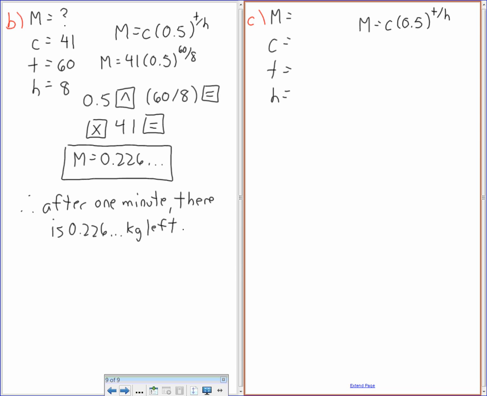Can you give me one piece of information, please, that I know for this part C? So the kilograms, 14. Okay, so which one's kilograms going to be then? Just M is going to be 14, good. Robert, can you give me something else, please, for this one?